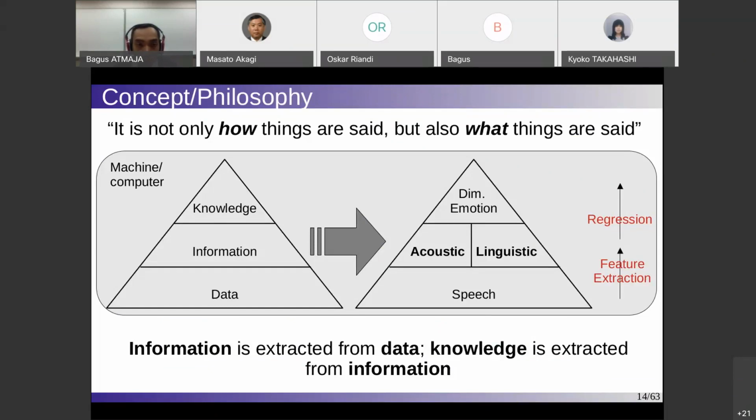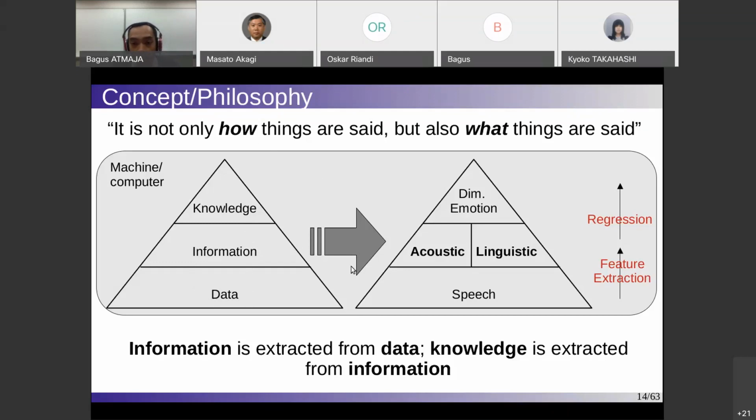Using an approach from information science, the flow of information from data to information to knowledge, known as DIK, I figured out my research concept as in this figure. We extract information from data and we extract knowledge from information. So this is inside a computer, and I resemble this approach to my problem in speech emotion recognition.